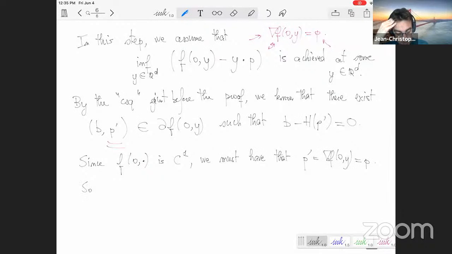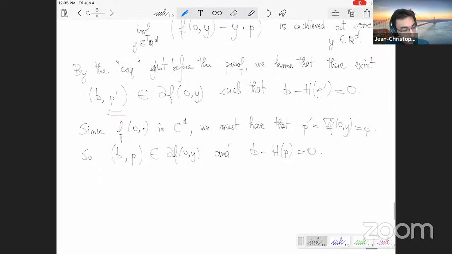So what we get is that (b, p) is in the subdifferential, and b minus H(p) is equal to 0. Okay, so that will be what I want to use later.